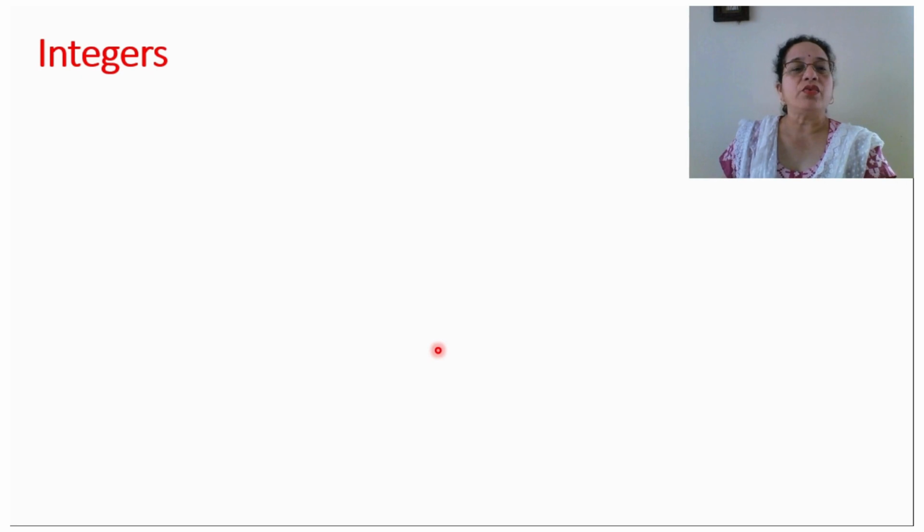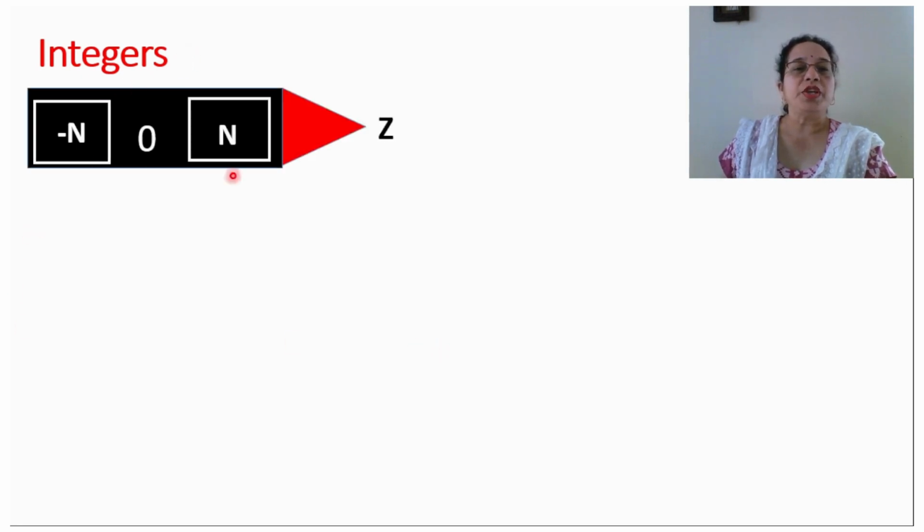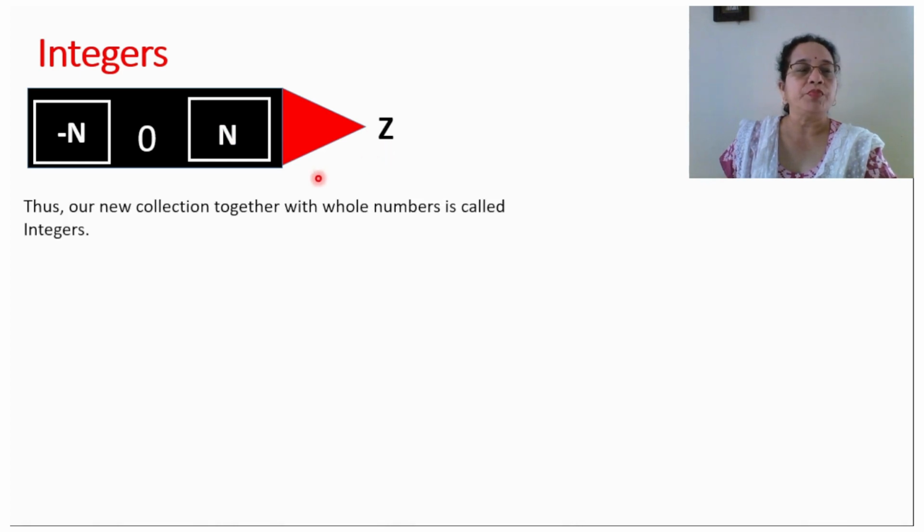So let us start with the integers. In this picture you can see that minus n means all the negative integers. This is 0, and this is the positive integers. Integers are denoted by capital Z. So our new collection together with whole numbers is called integers.